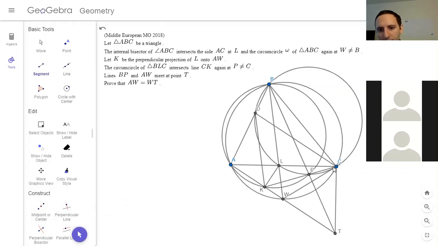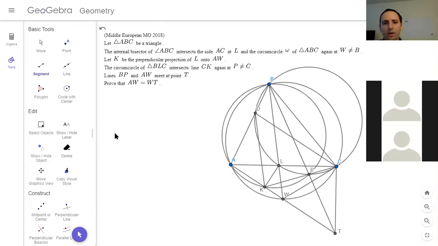I think that's an angle chase. Yeah, that's an angle chase because BLC is similar to BAW. So we solved it.